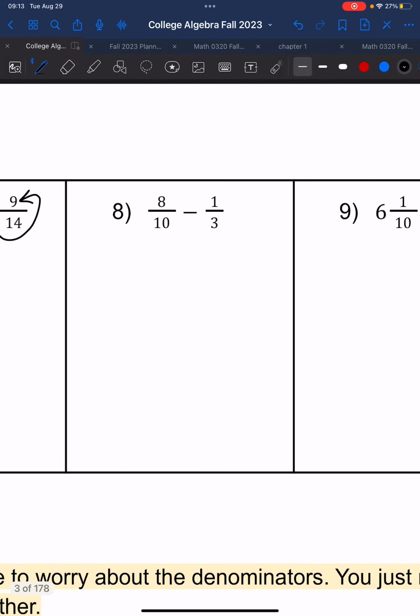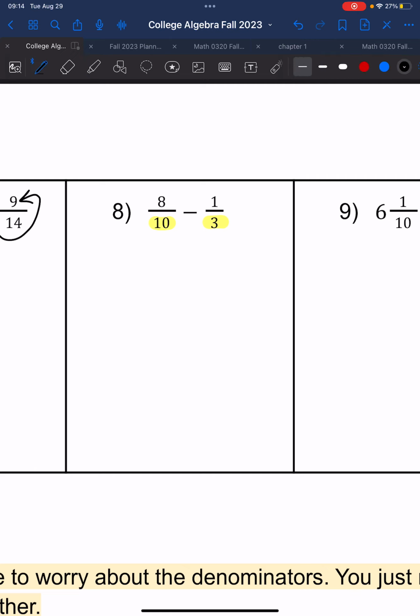So let's look at number 8. We have 8 over 10 minus 1 over 3. So finding the common denominator of 10 and 3, the easiest way here would just be to multiply, because I can't think of a multiple of 10 and a multiple of 3 that is the same and smaller than us just multiplying 10 and 3 together.